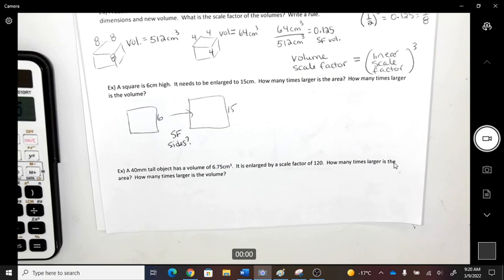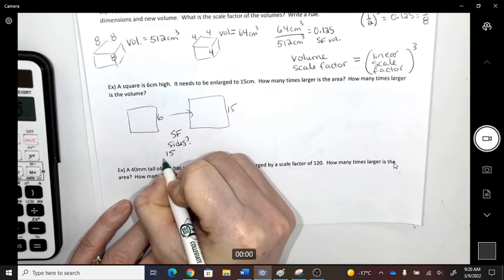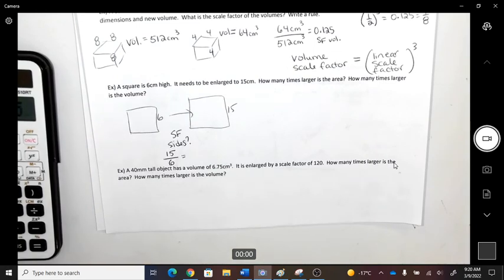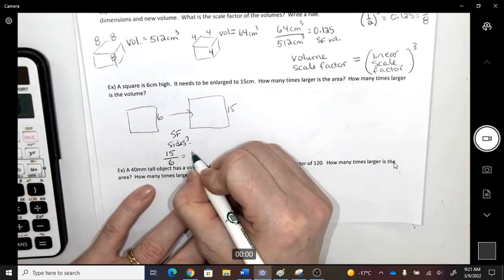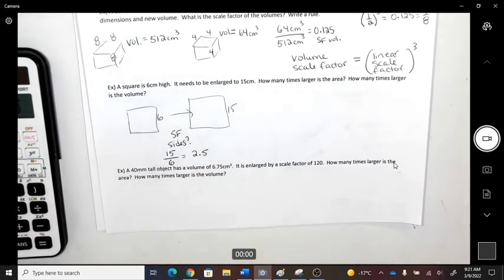Okay, so what is the scale factor of the sides? So I'm going to take this new divided by the original. Okay, that's kind of my method, new divided by original. So that's 2.5 times greater.